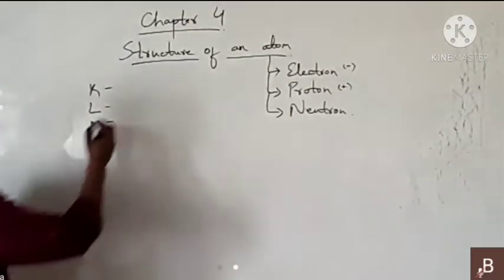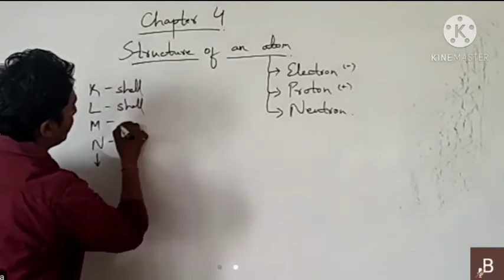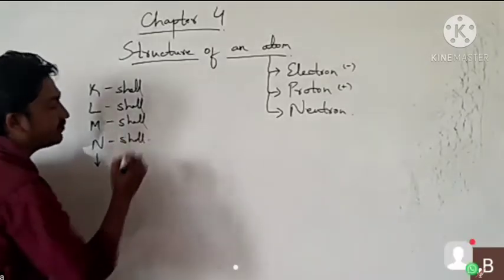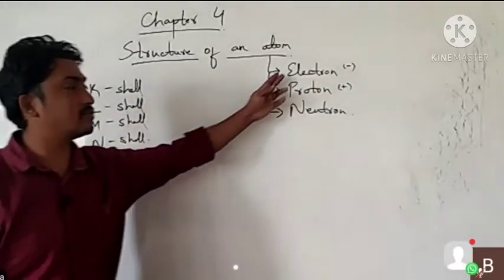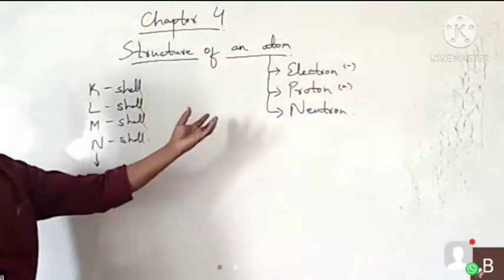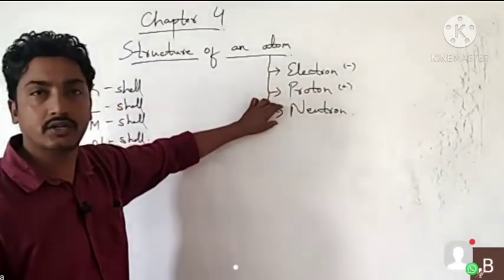So K shell, L shell, M shell and N shell. They have different numbers of electrons. As we all know, electrons are in the outer shells of the nucleus, and the nucleus is made up of protons and neutrons.